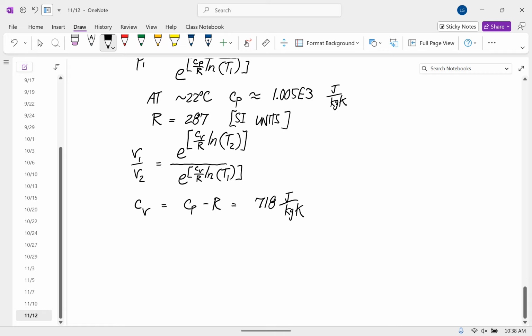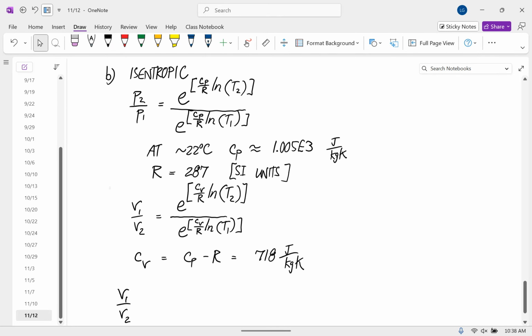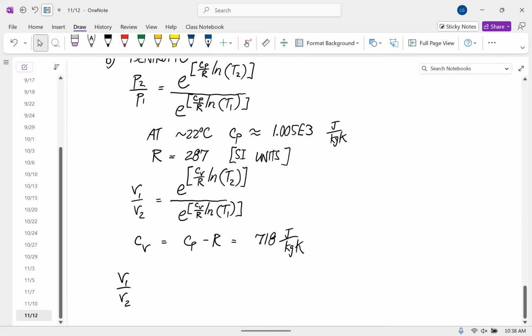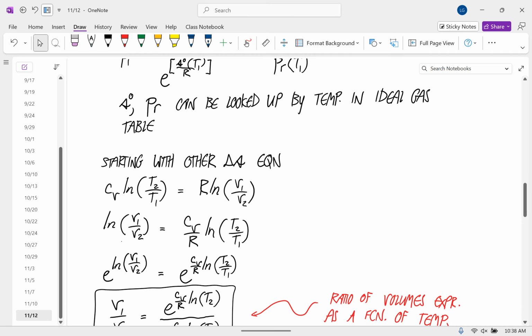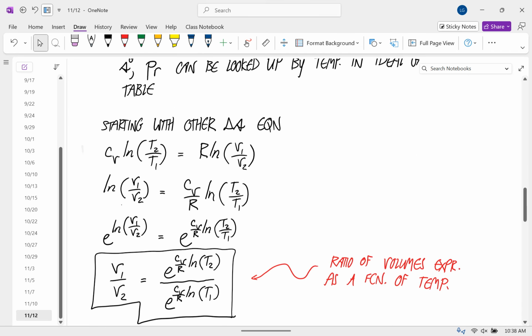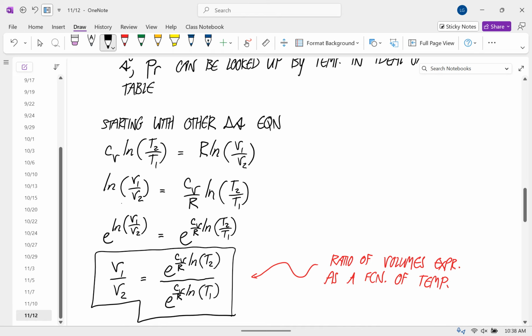And so now V1 over V2. I guess what we'd really want to do here is go back to this expression. Natural log of V1 over V2 is equal to this thing.